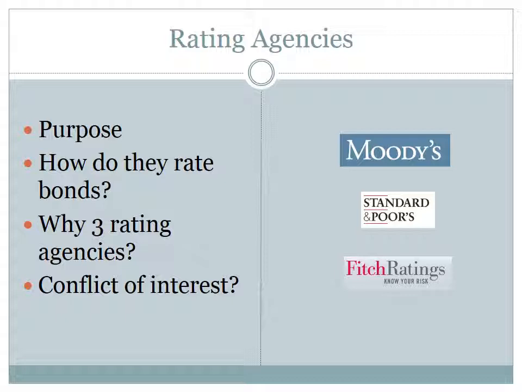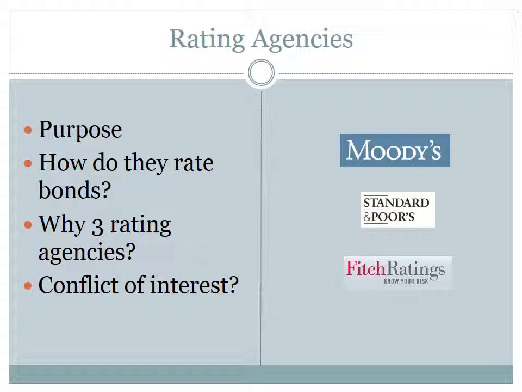And when I say subscribe, it is the companies that actually pay for the services for these rating agencies to come out and rate their bonds. The purpose of rating your bonds is so investors know exactly how safe the bond is, and it also tells the corporation what rate of return they need to pay on those bonds.